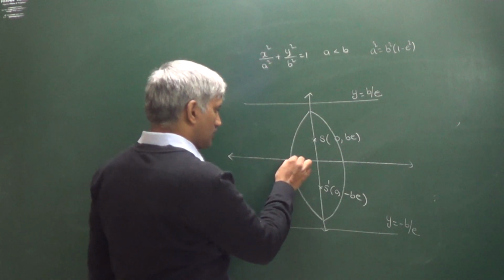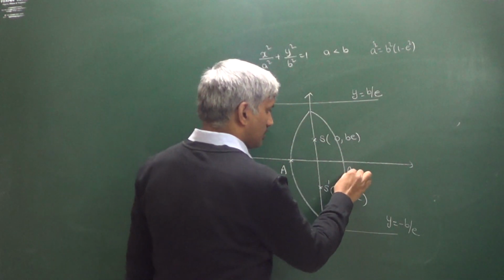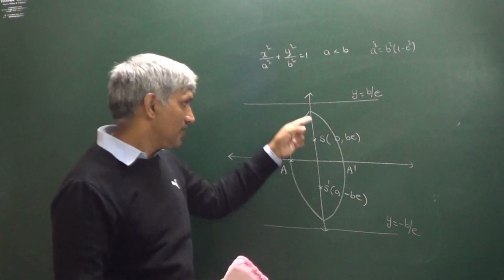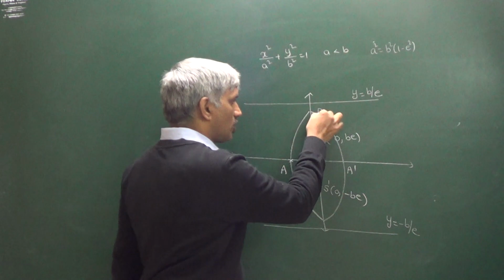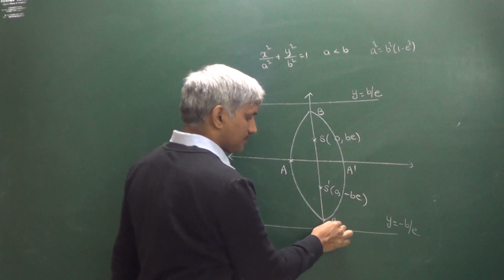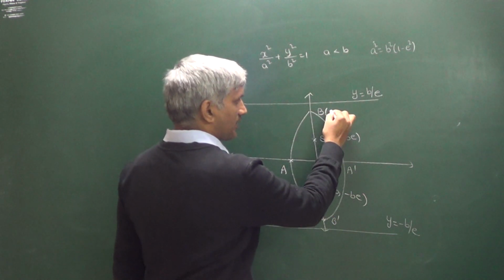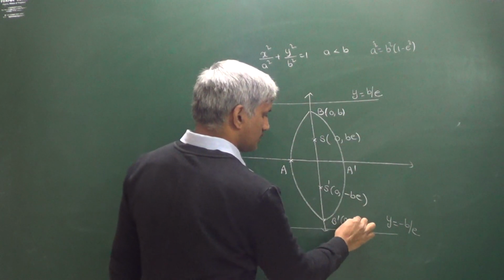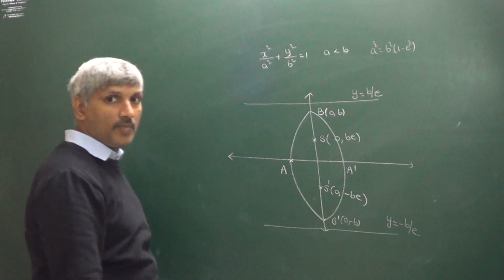Now here this is A and this is A dash. A dash is called the minor axis, whereas B dash is called the major axis. So this is the vertex. Now this vertex is (0, b), and this vertex is (0, minus b).